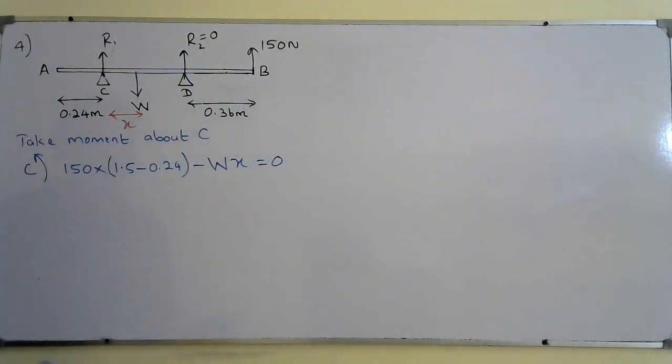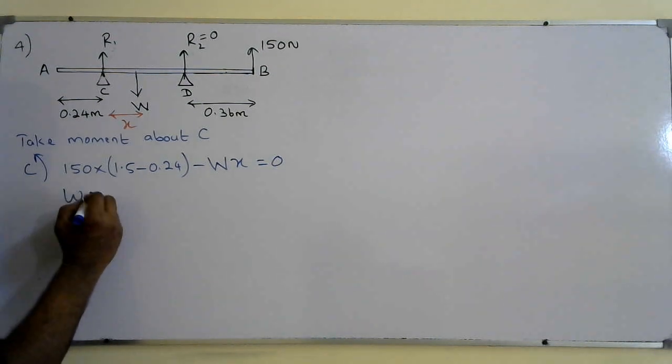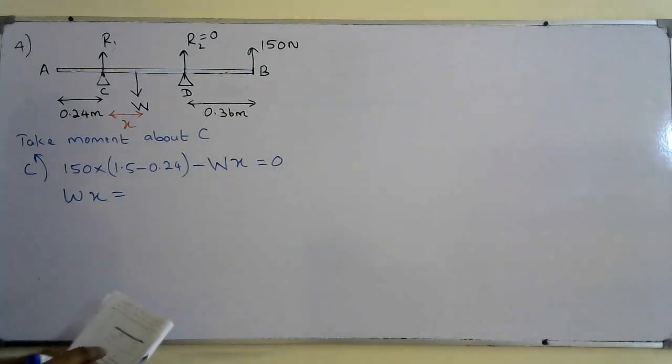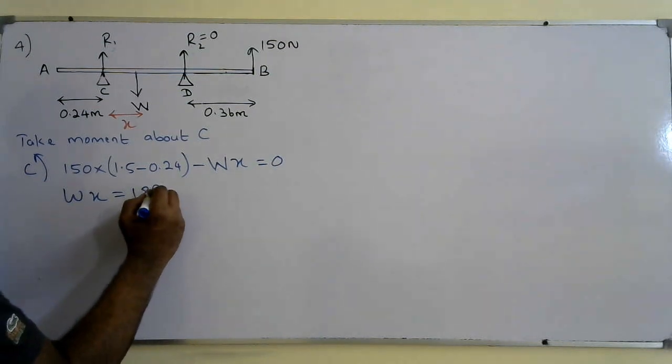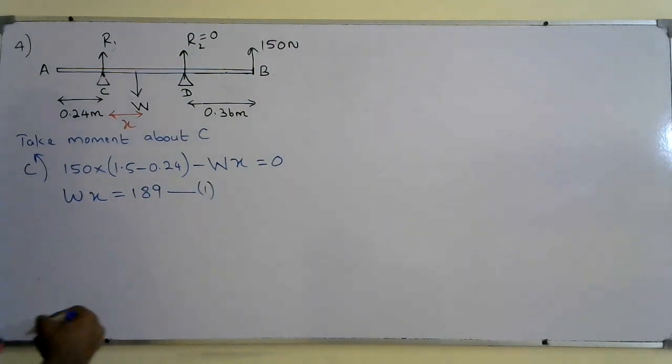So Wx is equal to, solve it, you will get 189. Let it be the first equation.